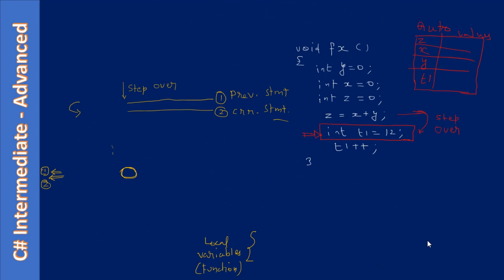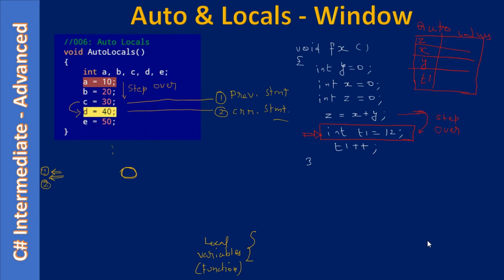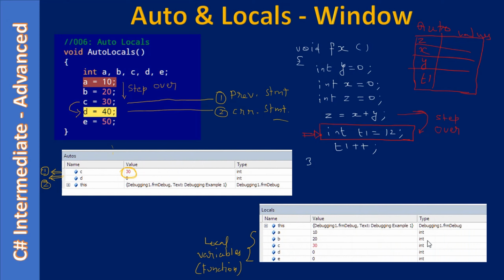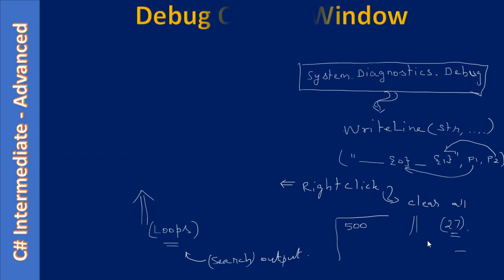After exploring the call stack window, we experimented how the locals and autos windows work and what's the difference between these two windows. In the previous video, we talked about the debug output window and how we can write some debugging information using the WriteLine function of the System.Diagnostics.Debug namespace.